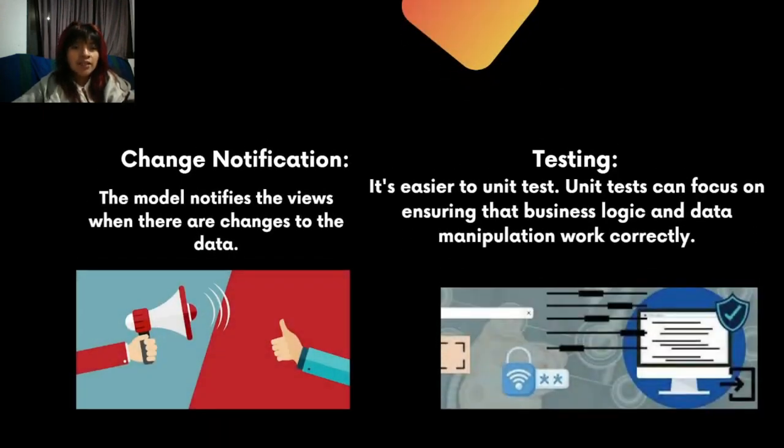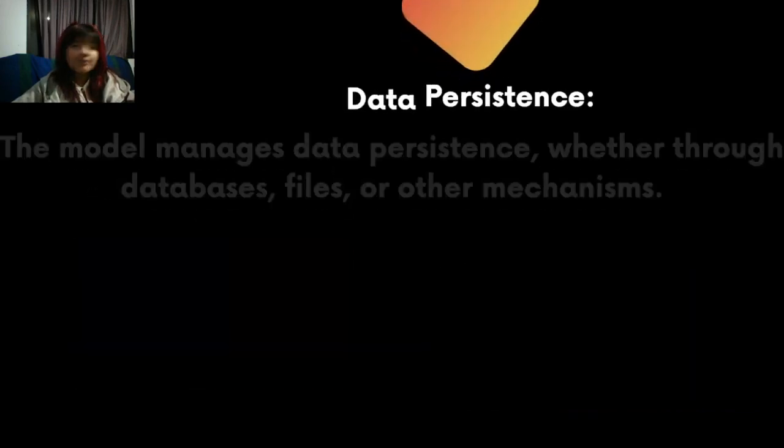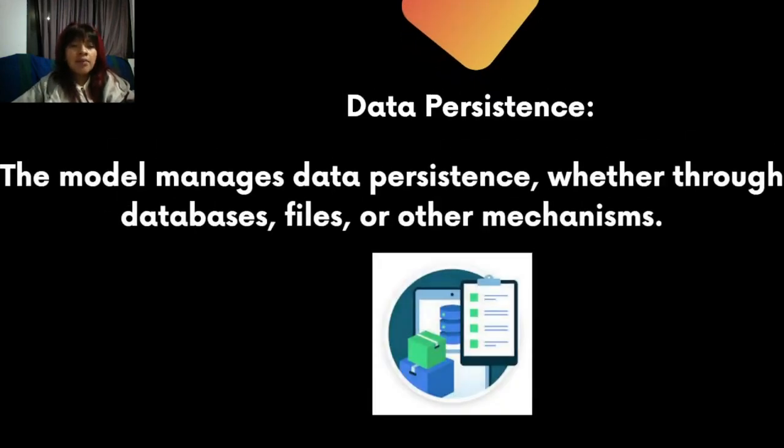It notifies the view when there are changes to the data. It also verifies user login and manipulates data according to the algorithm. It persists the data, sending it on the message bus.